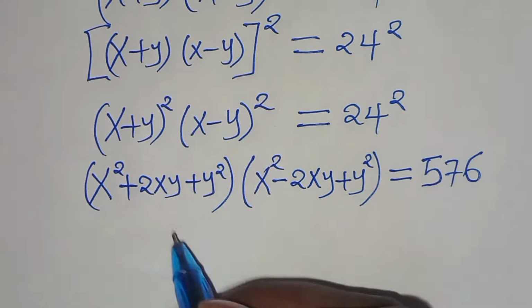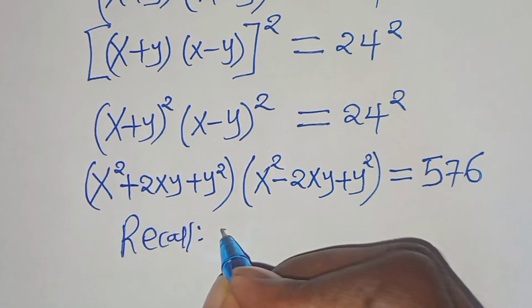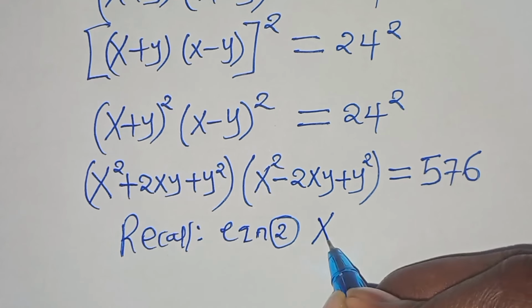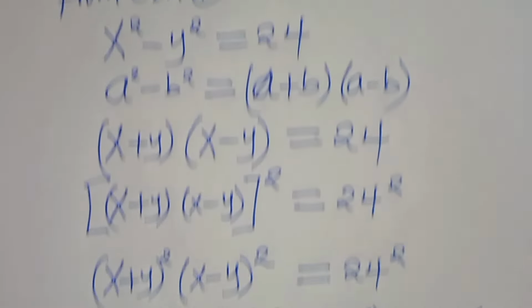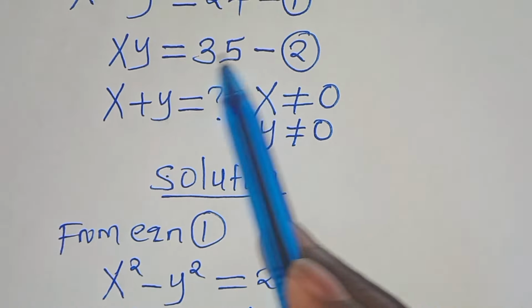Now, recall from equation 2, which is x times y, this is equal to 35. So we have equation 2 here, which is x times y, this is equal to 35.